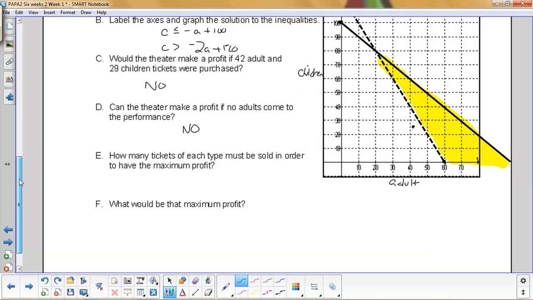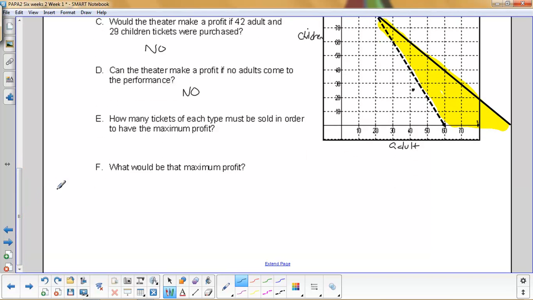Okay, now in order to answer E and F, what we must talk about first is your profit equation. And it just so happens that our first equation was our profit equation. This right here will give us the total amount of profit.